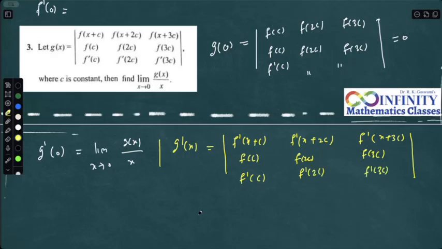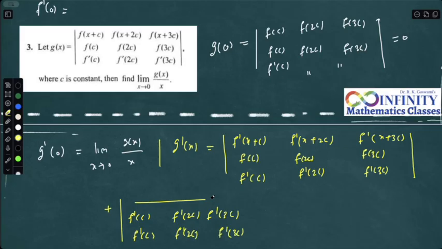Any doubt? Now differentiate the second row. So you will have the derivative at c, at 2c, at 3c. The third row is the same, keeping the first row as it is.